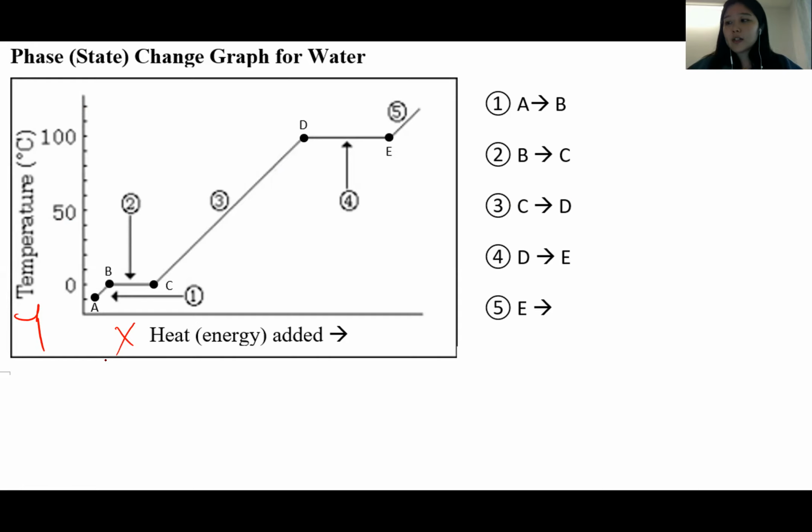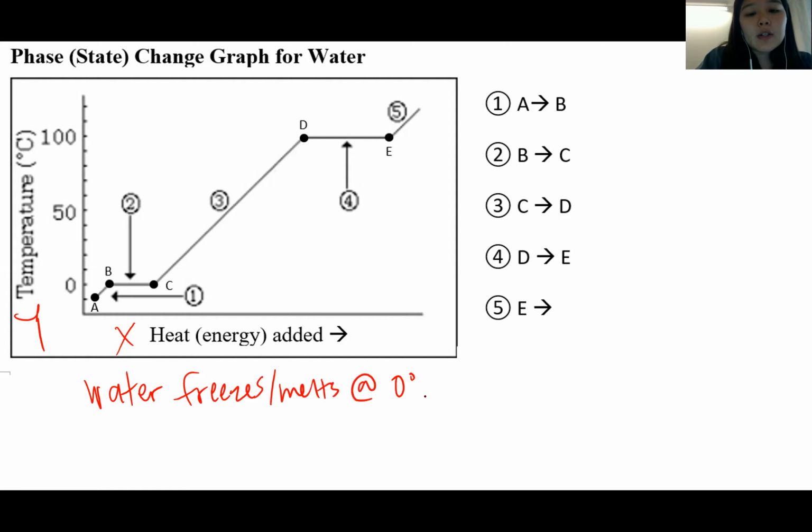So let's first start with information that we might know, some known facts about water. Water freezes or melts at 0 degrees Celsius. That's a known fact about water.